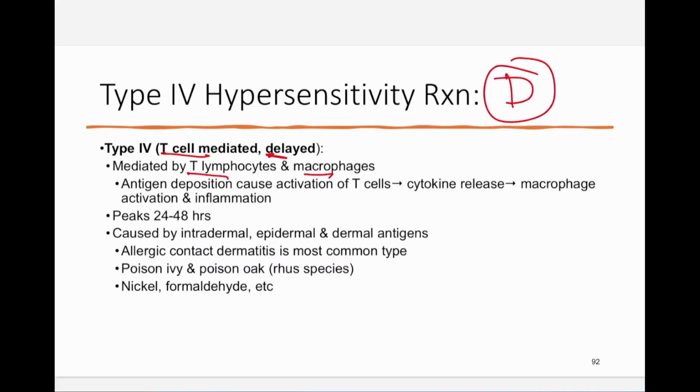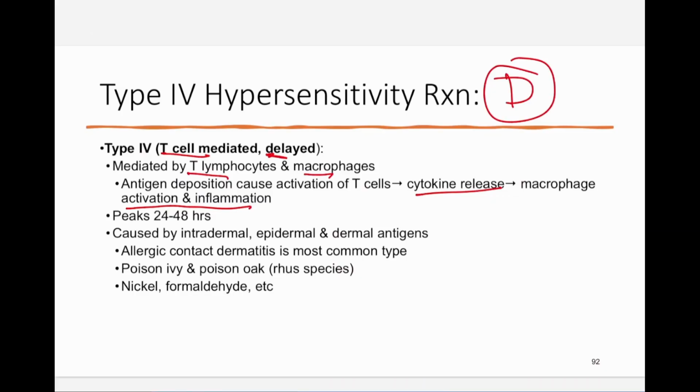So we get antigen deposition, causes activation of the T cells, causes cytokine release, macrophage activation, and inflammation. This peaks a day to 2 days later. That's why it's a delayed response.